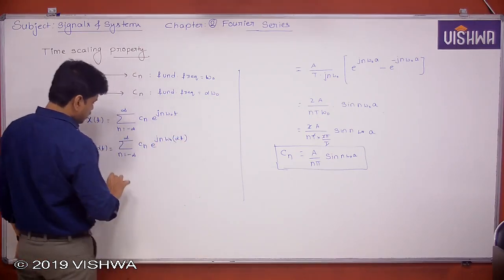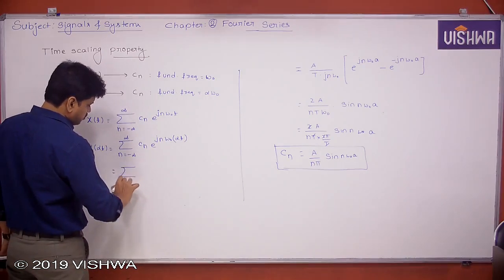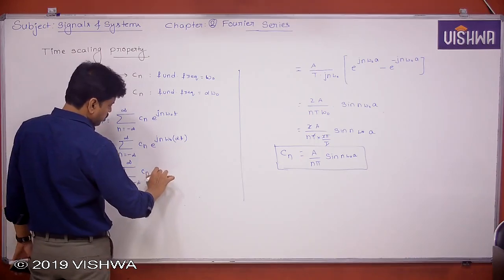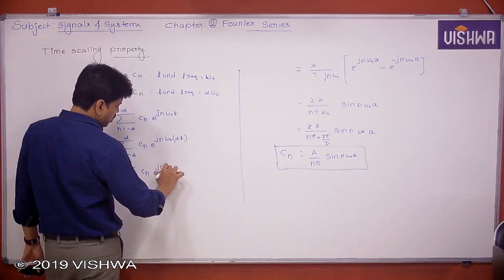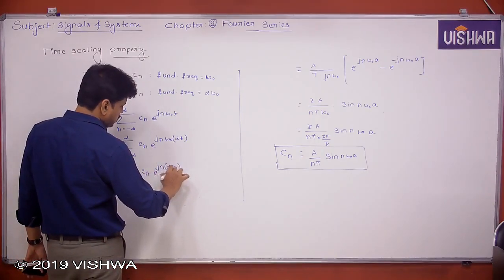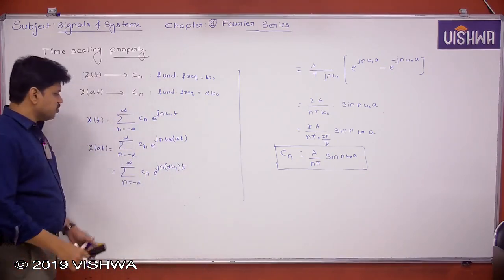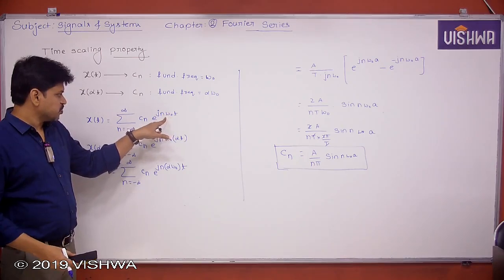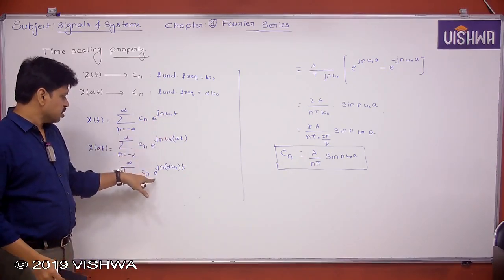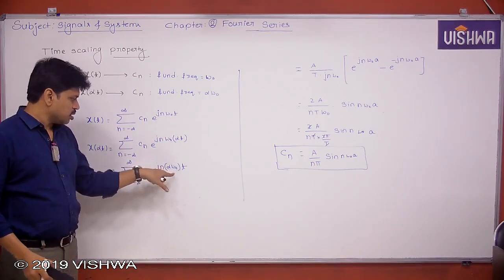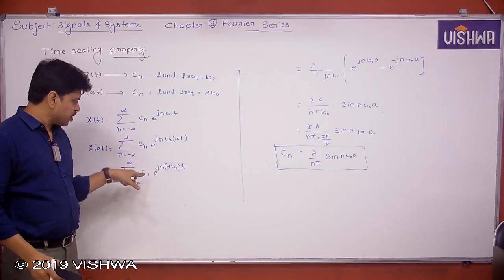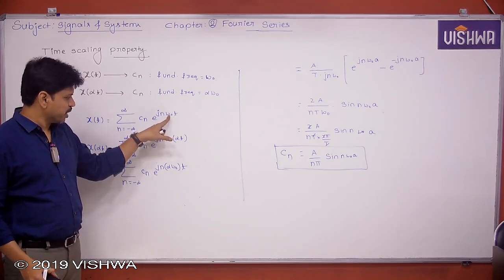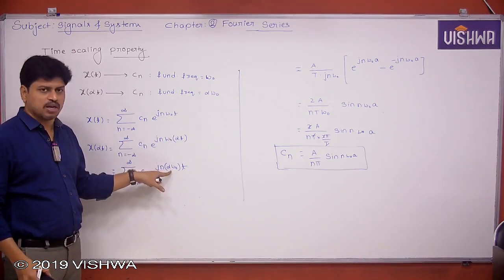Take this alpha here: summation Cn e power jn alpha omega naught t. If you observe carefully, for e power jn omega naught t the coefficient is Cn, and for e power jn alpha omega naught t the coefficient is also Cn, but here the fundamental frequency is omega naught, and here it is alpha omega naught.